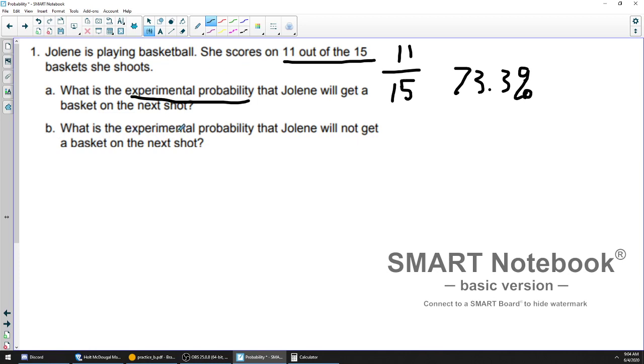What is the experimental probability that Jolene will not get a basket in her next shot? Okay, so we know that 11 out of 15 she does make it in. So how many shots does she not get it in?